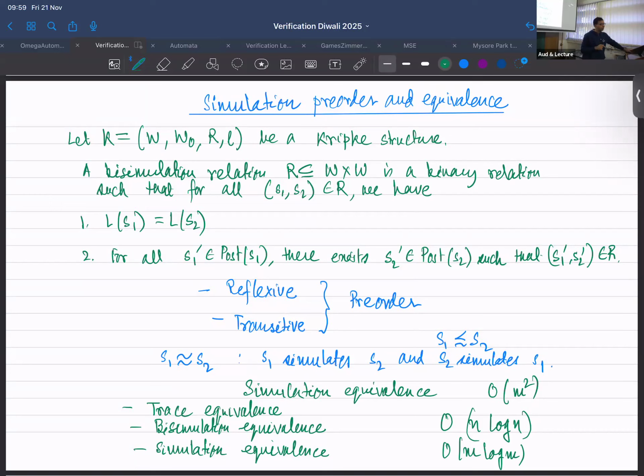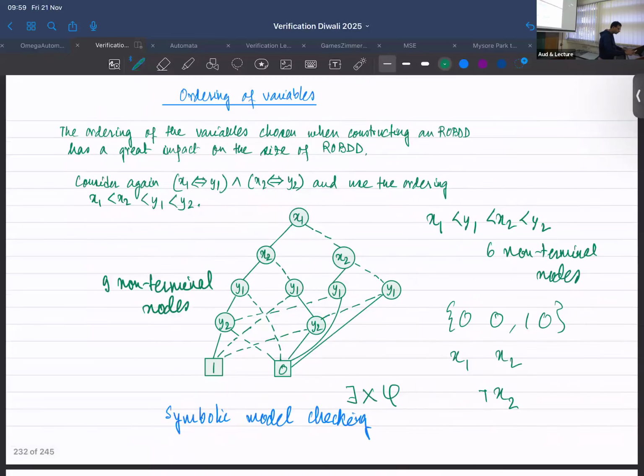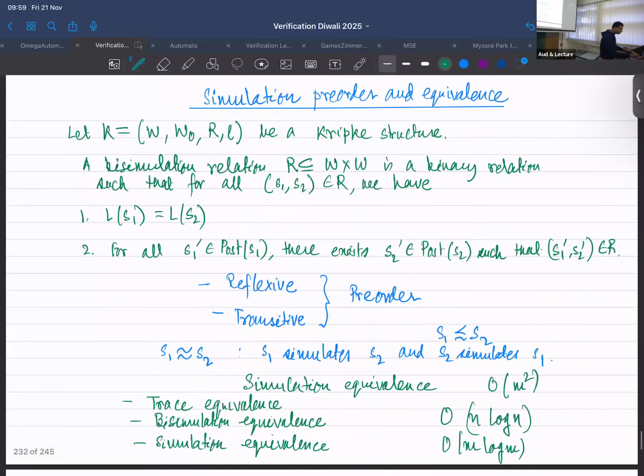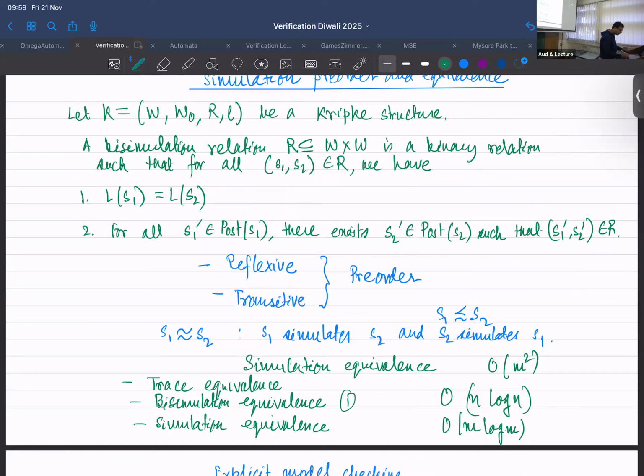If two things are simulation equivalent, are they also trace equivalent? They will also be trace equivalent, right? So in fact, the strongest one is bisimulation. So this is one, this is two, this is three, from stronger to weaker.